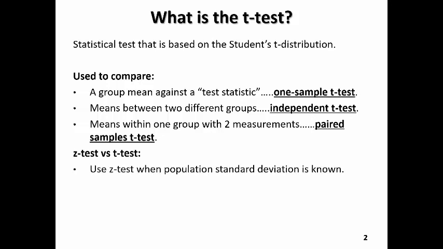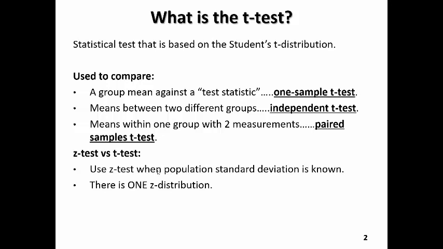To contrast that with a statistical procedure called the z-test, the z-test is used only when the researchers know the population standard deviation. In most research applications, researchers do not have access to population level data, and of course, if that's the case, researchers would not know what the population standard deviation is, and that would require the use of the t-test.